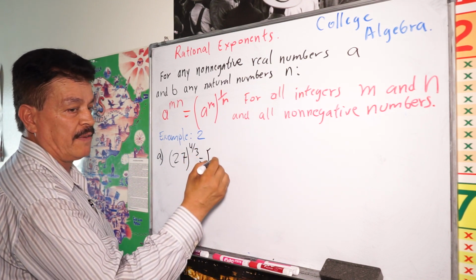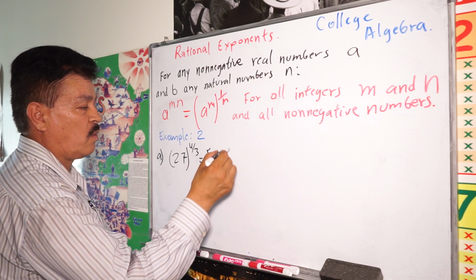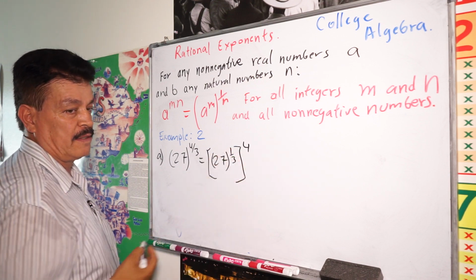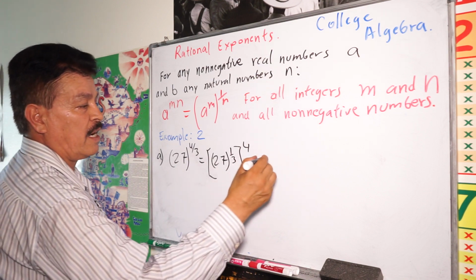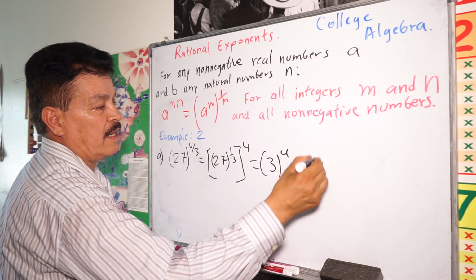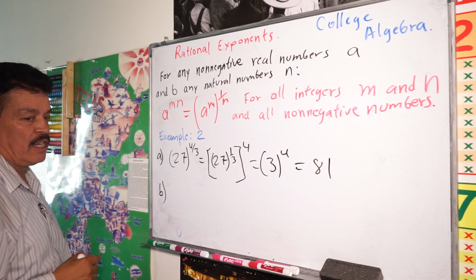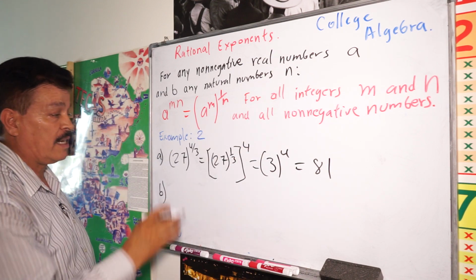We are going to have 27 to the 1/3 power, here to the 4th power. You solve this inside, and you are going to have 3 to the 4th power, which is actually 81. That's the answer.